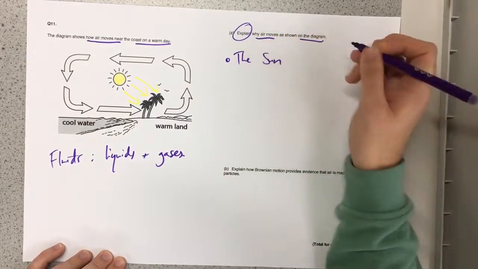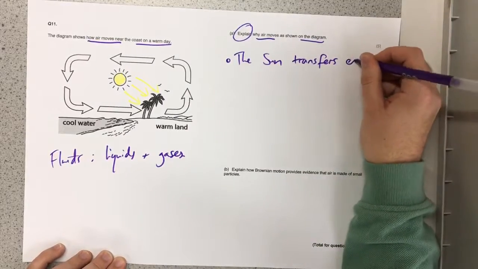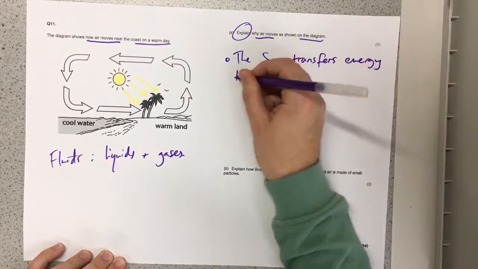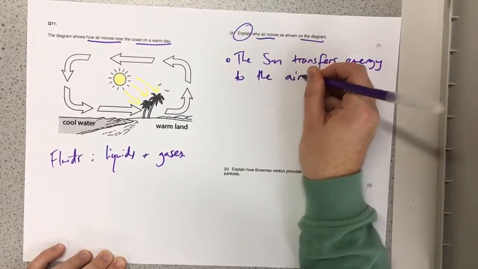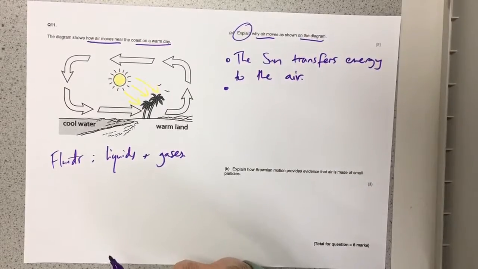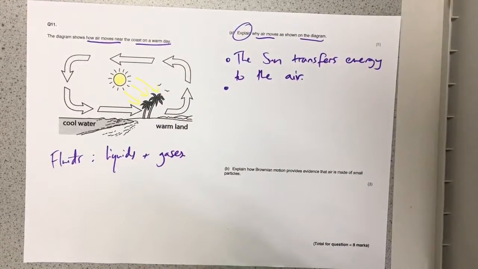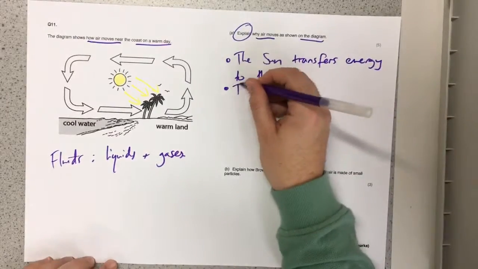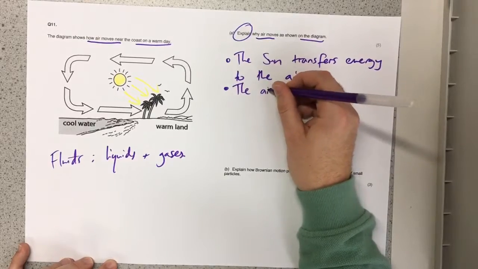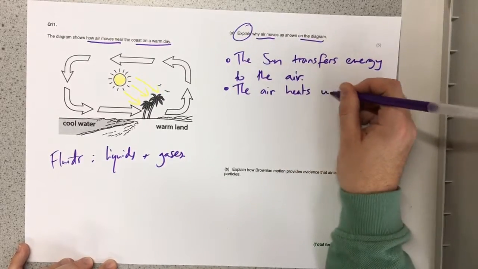The sun transfers energy to the air. Now, this causes the air above the land to get heated. So that's our second mark. The air heats up.